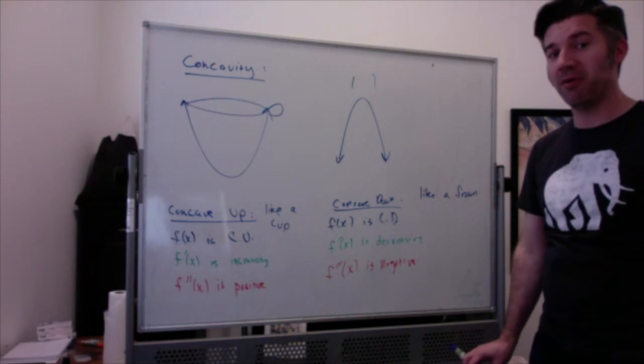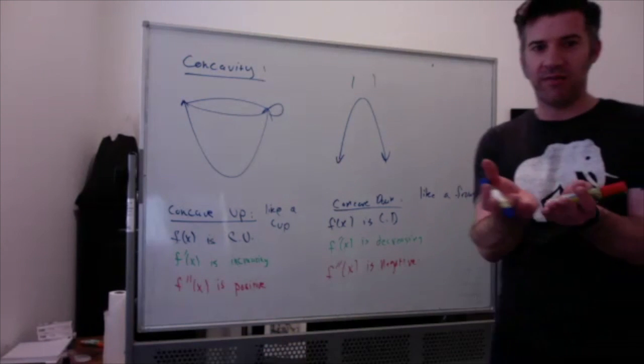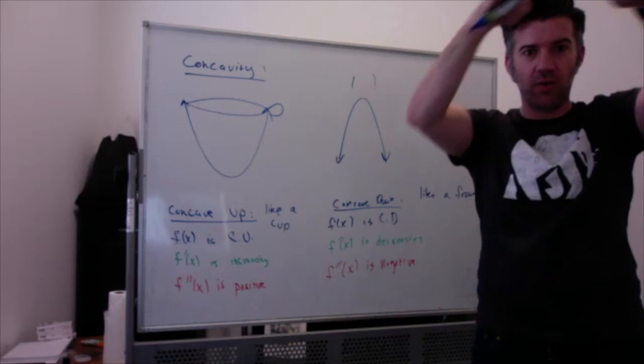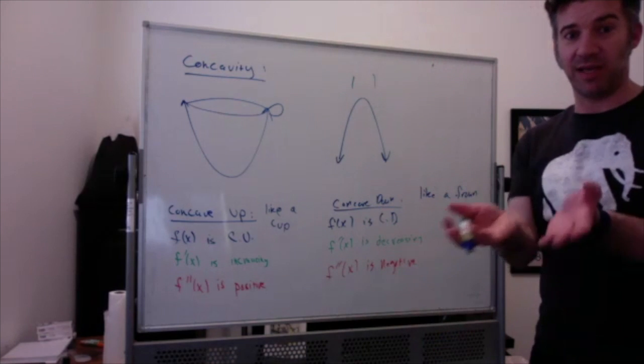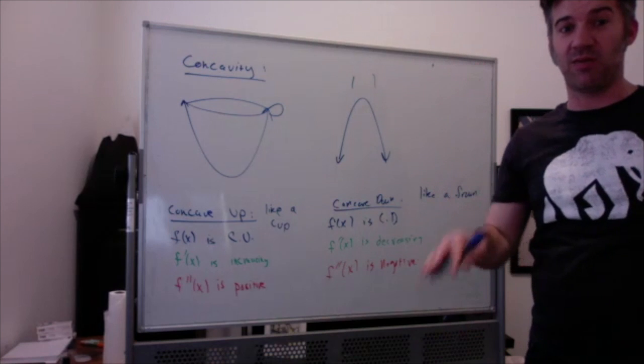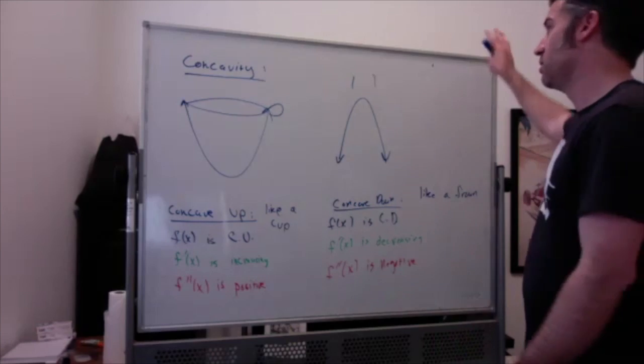This makes it easy to remember. I mean, concave up, concave down isn't that hard to remember on its own. Concave up, you're opening upwards. Concave down, you're opening downwards. And I usually think of concave up as like y equals x squared, and concave down as like y equals negative x squared. Those are my prime examples in my head.